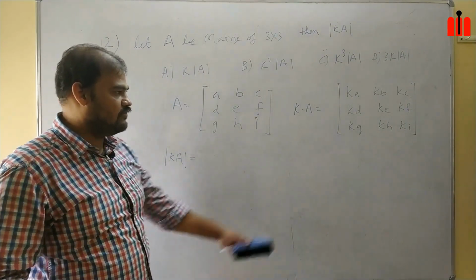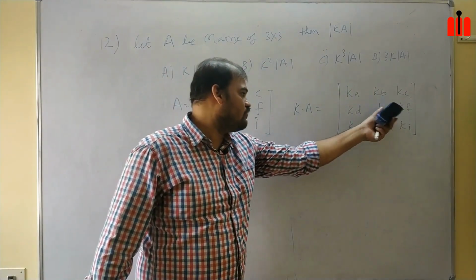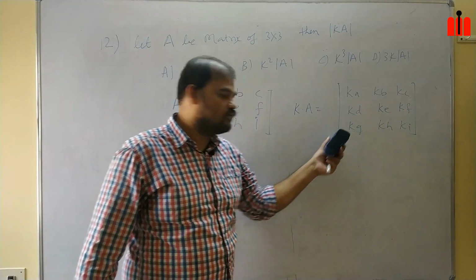While finding the determinant of kA, you can take k common from the first row, from the second row, and from the third row.